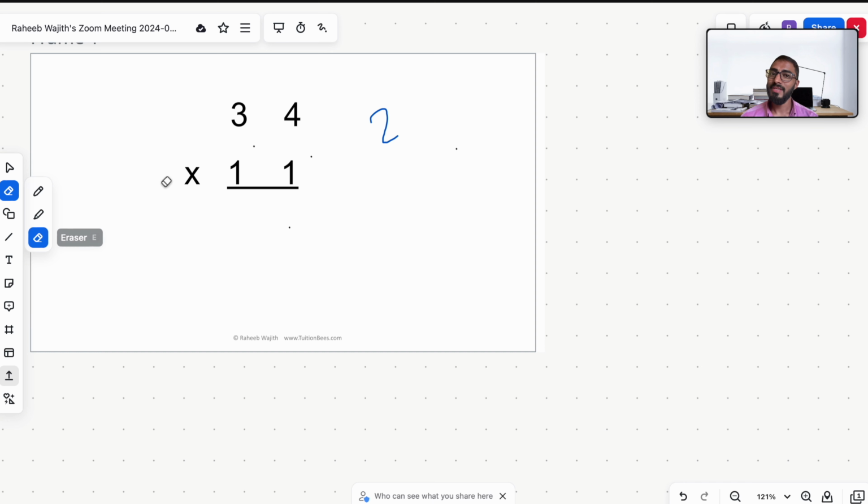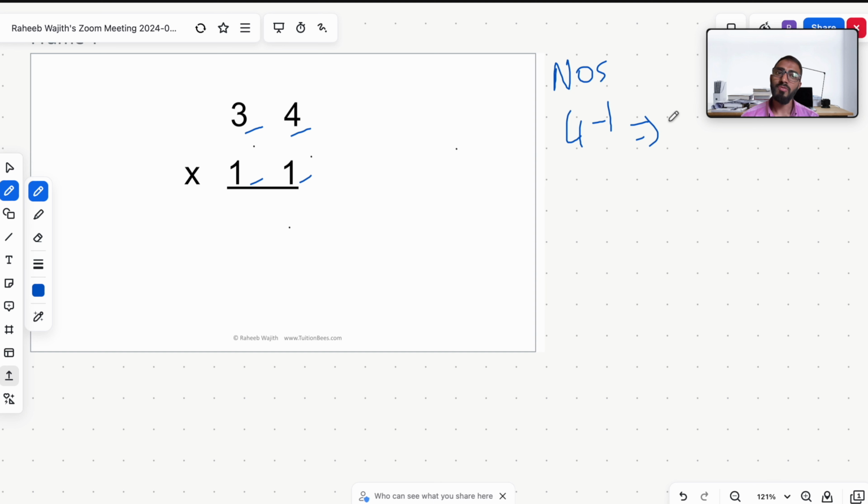Let's take this one. 34 multiplied by 11. So how many steps are there? 1, 2, 3, 4. There are 4 digits, so the number of steps will be 4 minus 1, which will be 3. I've just written NOS, that means number of steps. Okay, make a note of it.